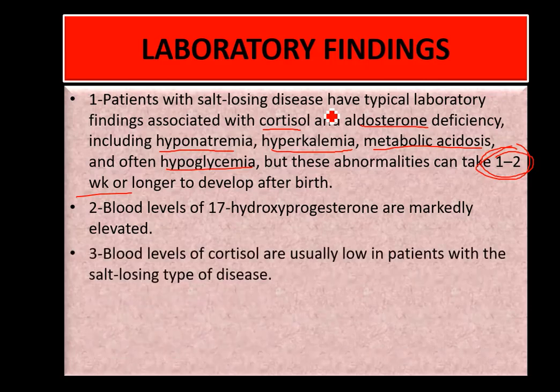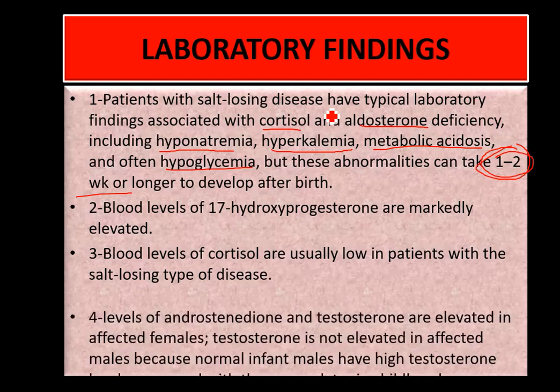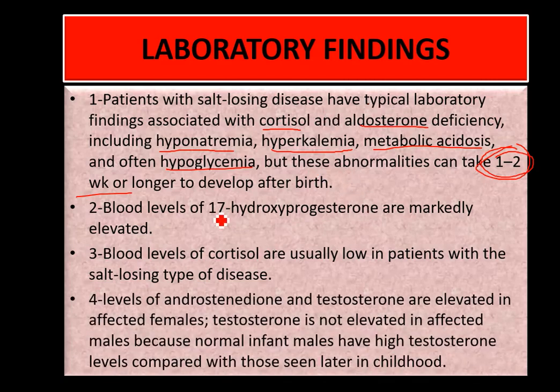And also with 17-hydroxyprogesterone, you should check the level of cortisol, and usually the result will be low in patients with the salt-losing type of disease, in addition to the presence of ambiguous genitalia on physical examination. Levels of androstenedione and testosterone are elevated in affected females, while testosterone is not elevated in affected males, because normal infant males have a high testosterone level compared with those seen later in childhood.